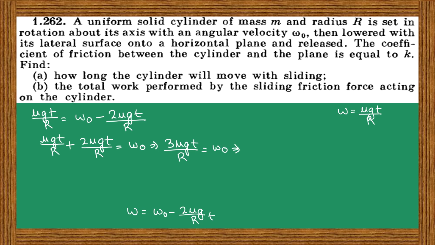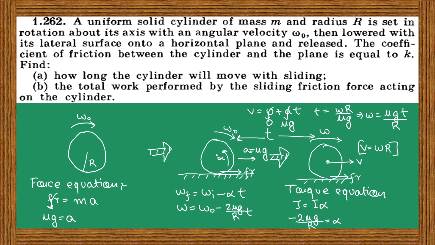So the time taken to convert the sliding plus rolling motion to pure rolling motion is nothing but omega naught into r divided by 3 mu g. So this is the time taken to reach from slipping to rolling.